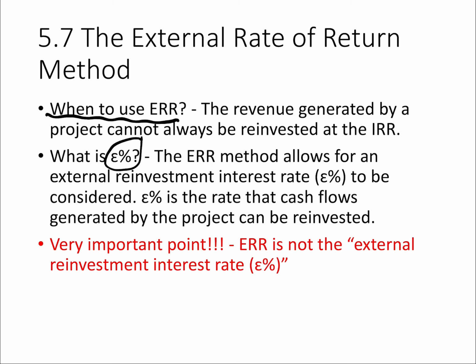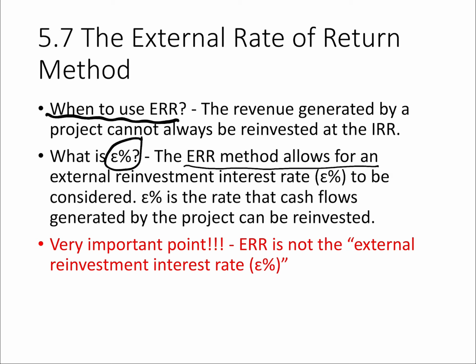Okay? And then another concept is the epsilon percentage. The epsilon percentage is also an interest rate, but it is the interest rate for the external project. Okay, so that's the external project you reinvest your profit in.